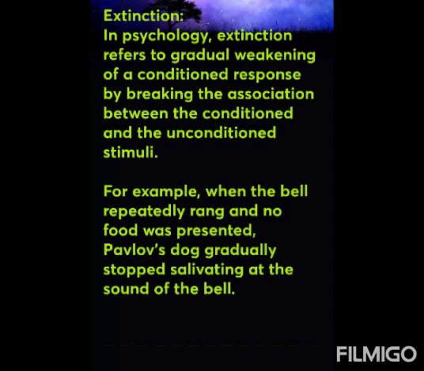Pavlov's dog gradually stopped salivating at the sound of the bell because the bell rang but no food was given to the dog. Over a period of time, the dog stops salivating at the sound of the bell. It is called extinction. So the second condition is extinction.